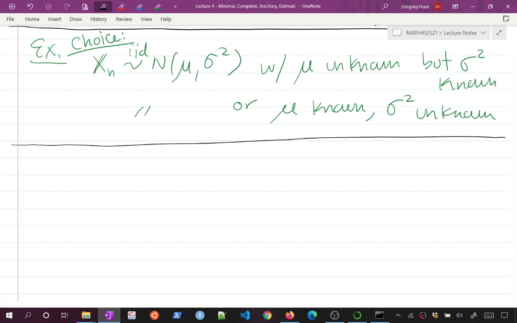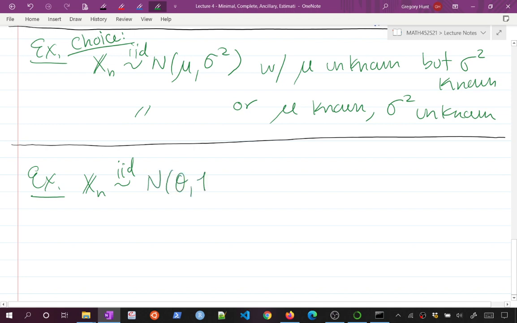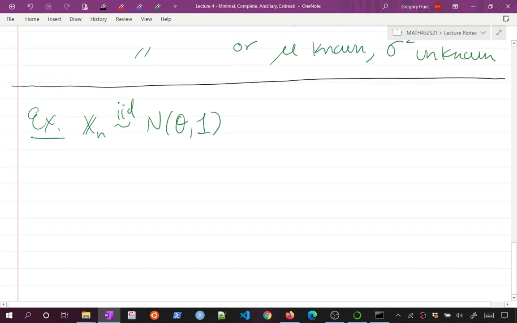Let's look at an example of an ancillary statistic. Let's say my data comes from a normal theta 1 distribution. Here, generically theta, I'm not going to write it every time, but theta is unknown, right?